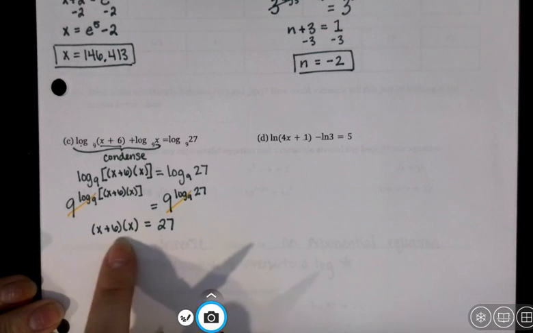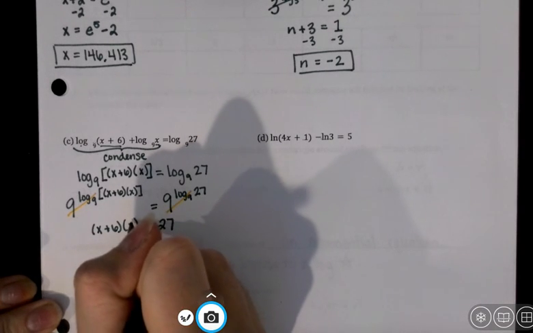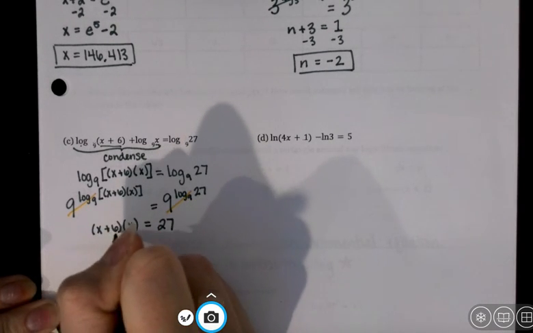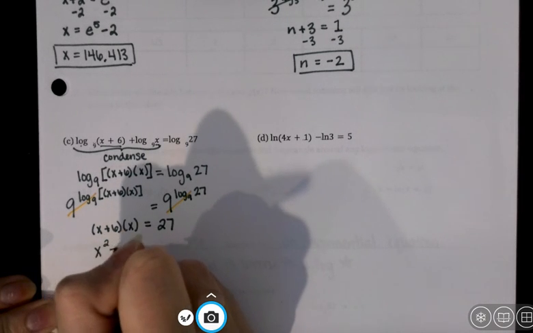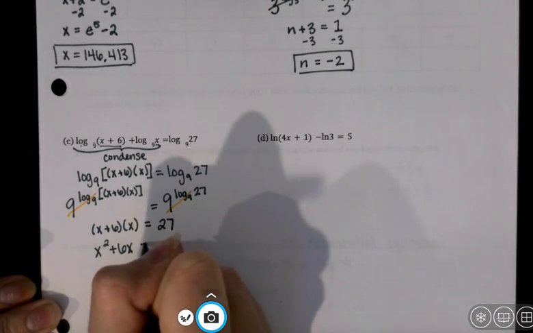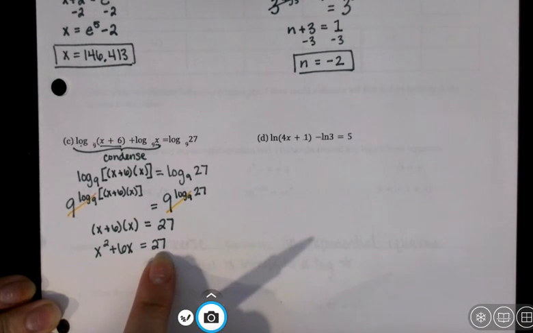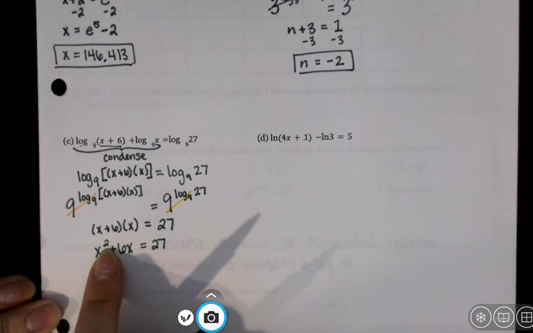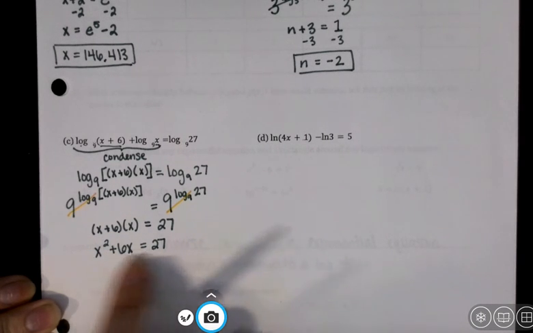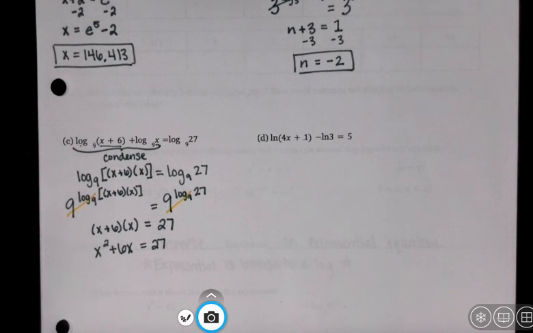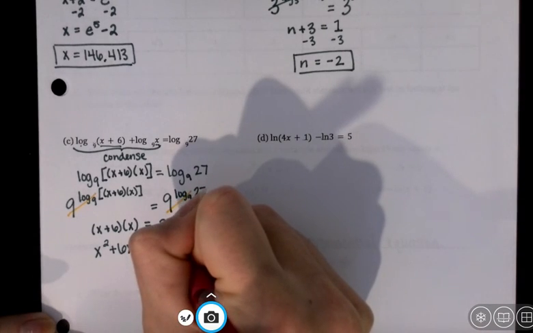I'm going to multiply these out, so I actually have to distribute the x into the x and the 6. So I'm going to have x squared plus 6x equals 27. And what I have right here is a quadratic. So I have an exponent of 2 as my biggest. If this is a quadratic, I have to get it equal to 0 so I can solve it.